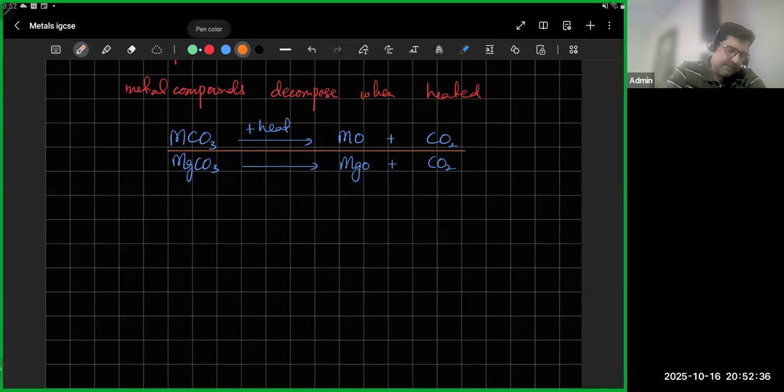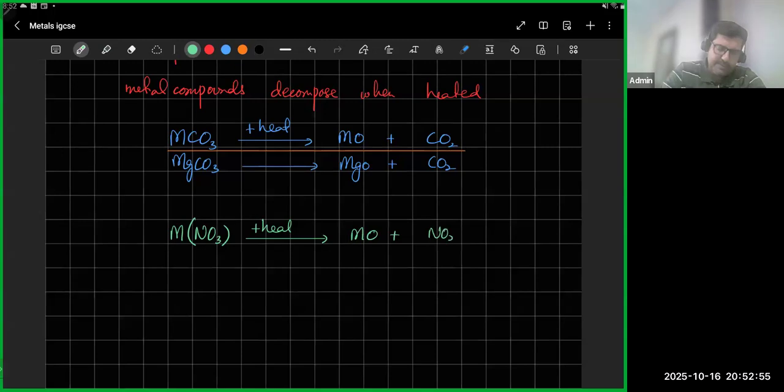Second one, that's nitrates. So when you have metal nitrates, they would also decompose when you heat them, and they're going to form metal oxides, and NO2 gas is going to be produced, and oxygen gas would also be produced.